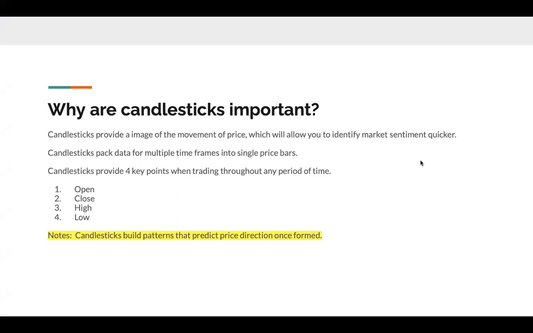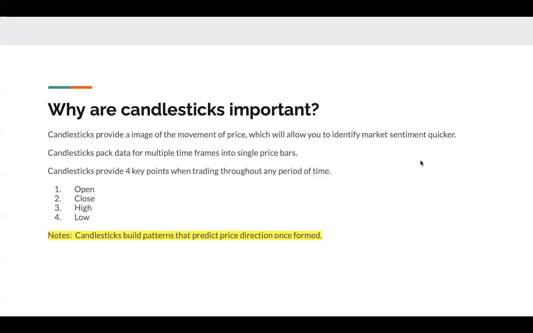If a stock goes from 420 to 430 on a daily, that candlestick will represent 1 day of price action, versus on a 5 minute chart, each candlestick will represent 5 minutes of that whole entire day. So that's all it is. Candlesticks provide 4 key points throughout any period of time: the open, the close, the high, and the low.